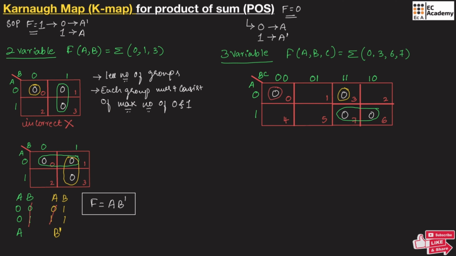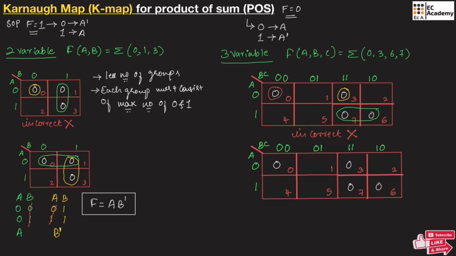This type of grouping is an incorrect way of grouping. You should not group like this, because we can group this 0 with this 0 and make a single group which covers the maximum number of variables. So here we can group this 0 with this 0.